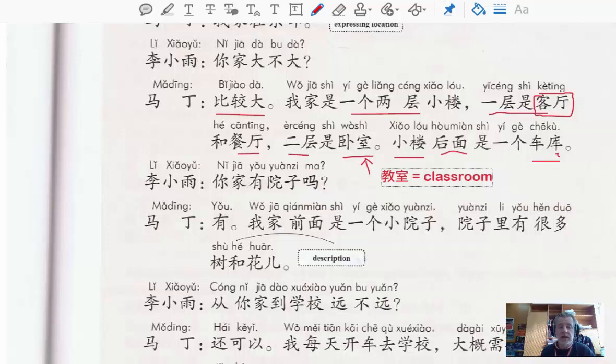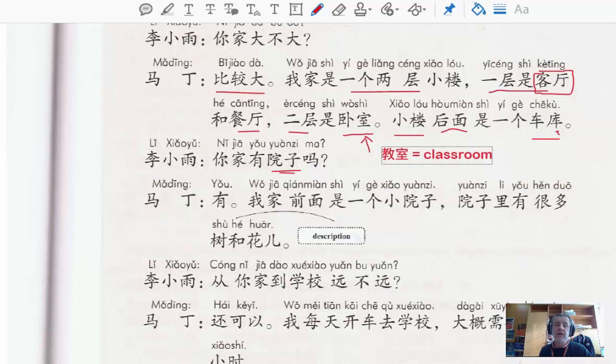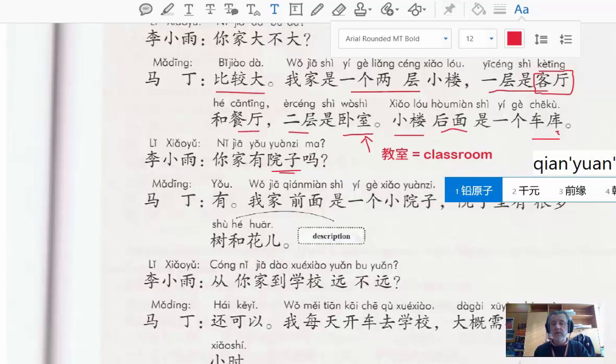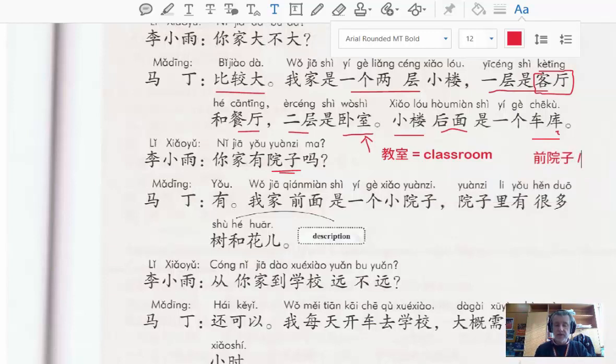Li Xiaoyu then asks, 你家有院子吗? So 院子 is a yard, as in front yard, backyard. And actually the expressions specifically for front yard and backyard are 前院子 for front yard and 后院子 for backyard.